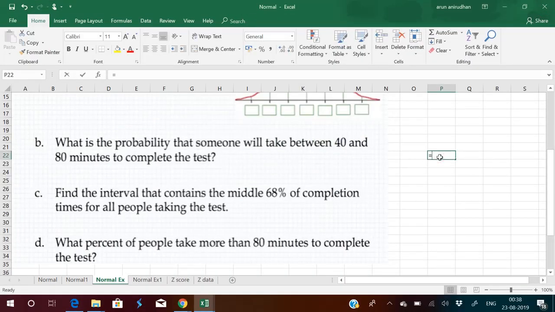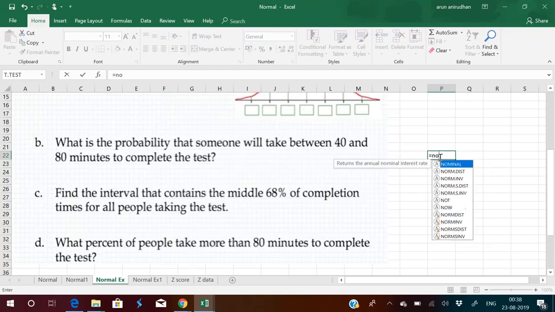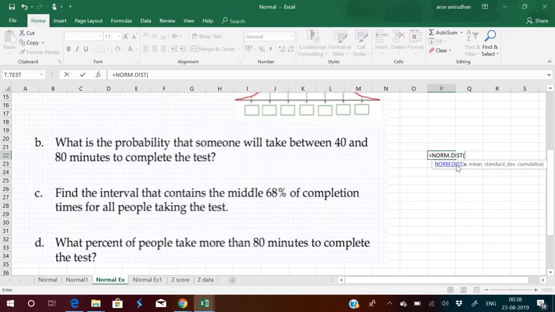Equal to, use the function Norm.Dist. So just click that. You can get help by clicking that link. You'll get the help of this function. So x value here is 80, comma, 60, comma, 10, comma. It is asking whether it is a cumulative distribution or not.